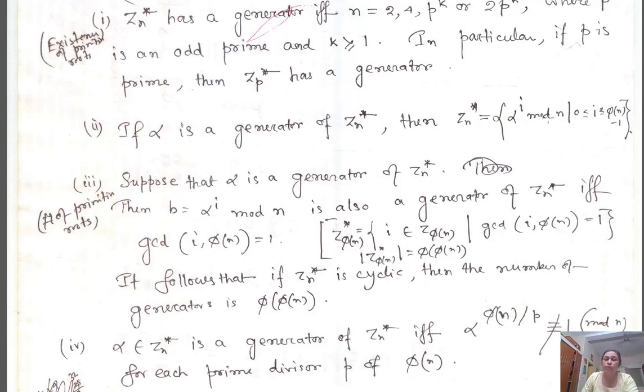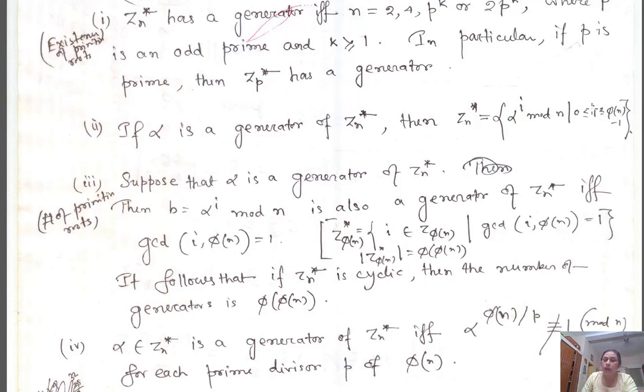Zn star can be written as alpha to the power i modulo n, such that i varies from 0 to phi n minus 1.